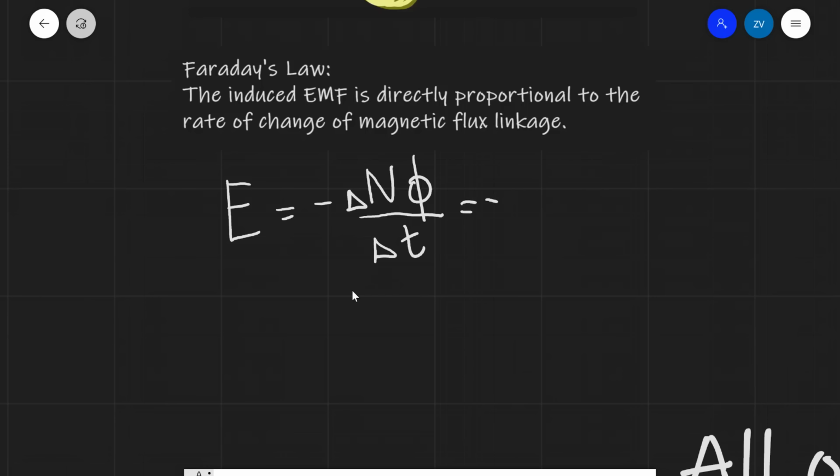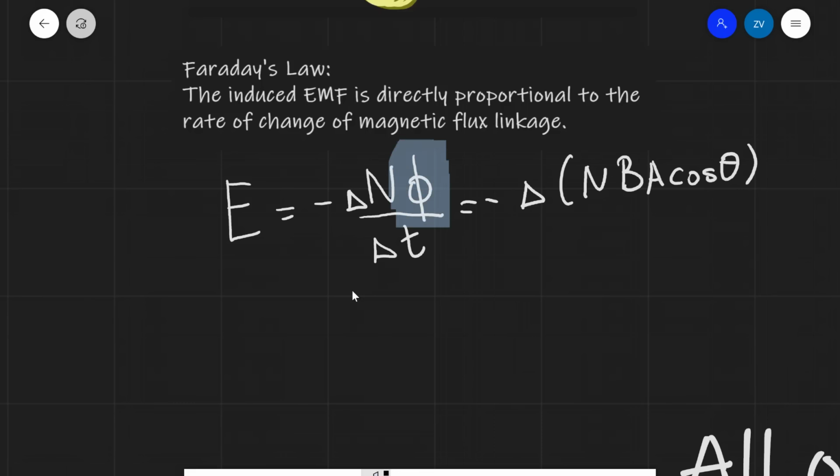We could also write this as minus delta NBA cos theta. Remember, phi, our magnetic flux, is equal to BA cos theta. Then I also need to divide that by our change of time, because in physics, anytime we have the rate of change of something, we're dividing by delta t.